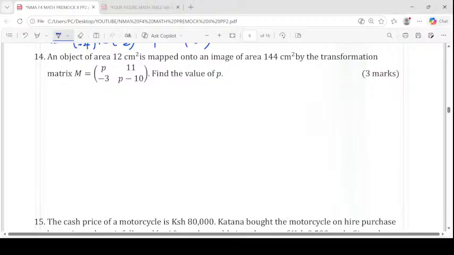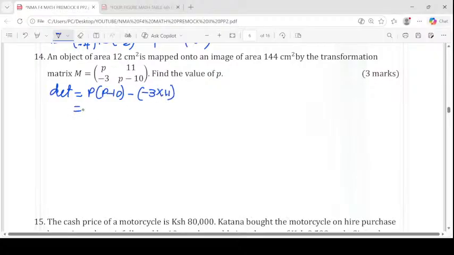One thing we need to do is to get the determinant of this matrix of transformation. The determinant will be P times (P minus 10), that is the product of elements in the main diagonal, minus the product of elements in the minor diagonal, which is negative 3 times 11.